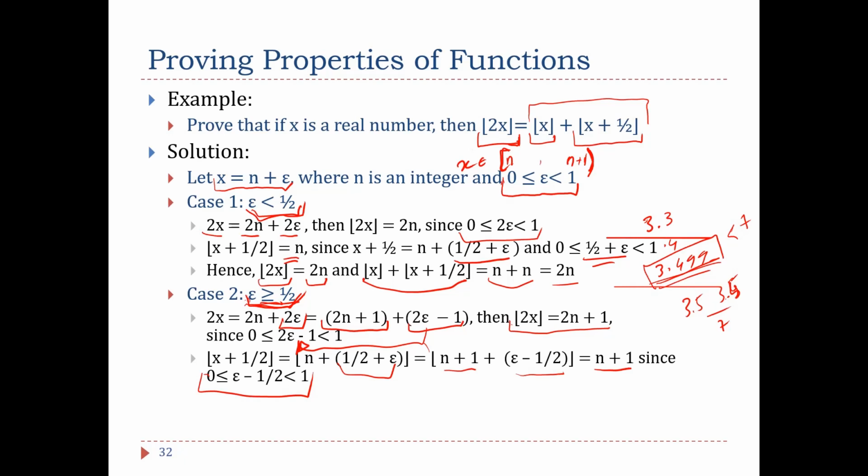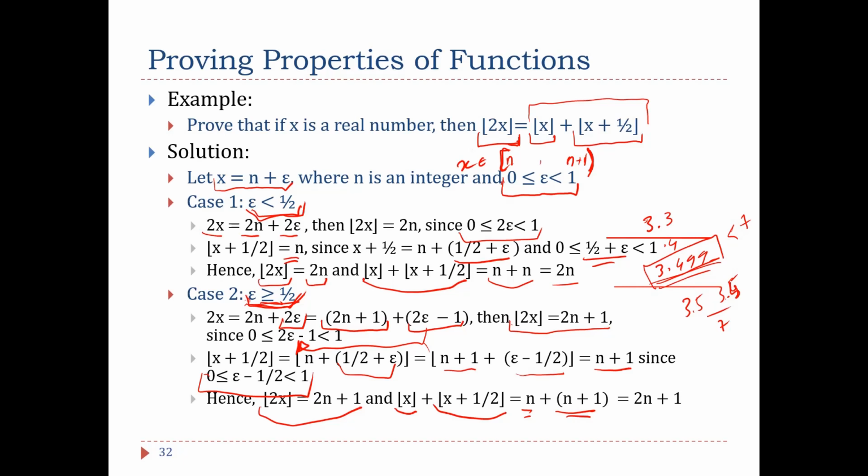And yeah, in this case, we end up having floor of 2 times x is equal to 2n plus 1, and the floor of x, which is always n, plus the floor of x plus half, which is n plus 1, gives 2n plus 1. Okay, so in both cases, actually, we have the equality maintained, and this is why we can conclude that this original equality holds.